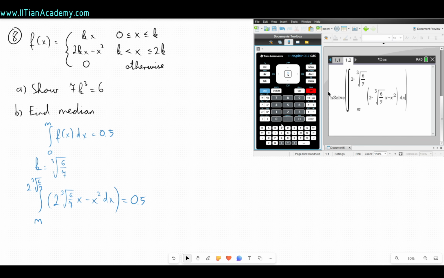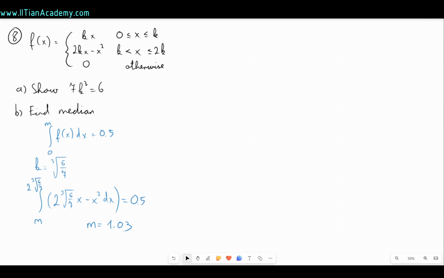We know this is going to be equal to 0.5. We want to solve for m, and we want to get positive values of m. So we find that m has to be equal to 1.03. And so that is the median.